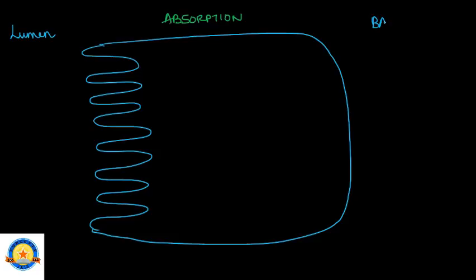This is the basolateral side. Now here I have glucose present. Glucose, and fructose. Again glucose, and then I also have fructose over here.